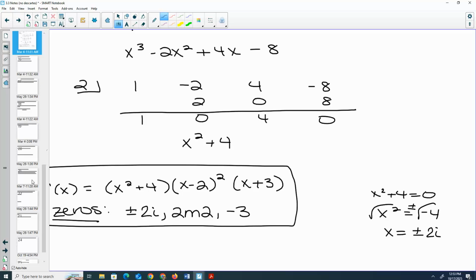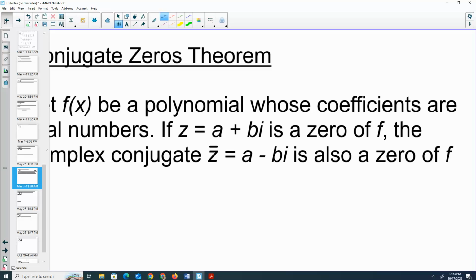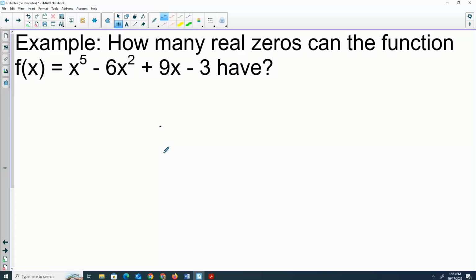Sorry, I'm going to jump around a little bit. If I just asked you, how many zeros can this function have? Can you tell me? 5.